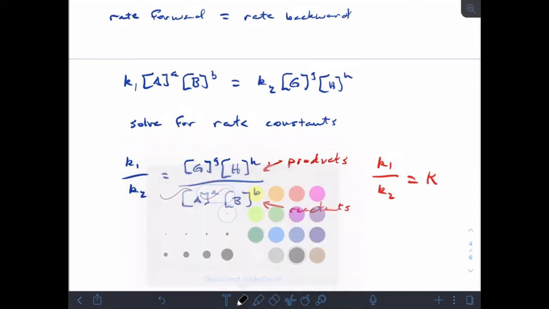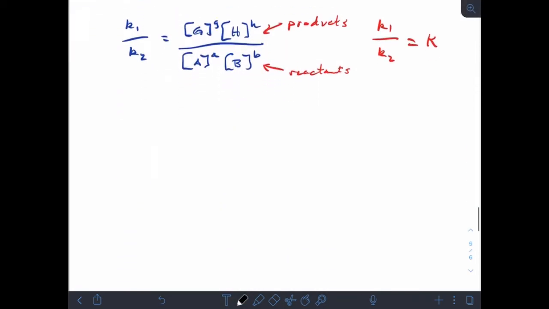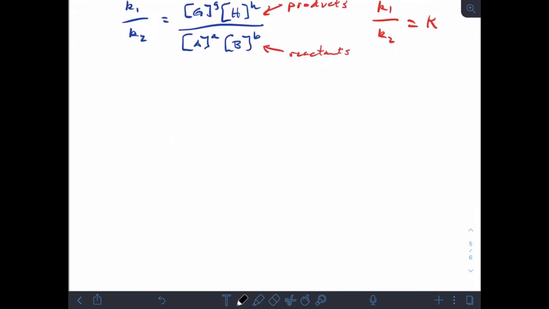So let's do some practice with equilibrium constant expressions. Okay, so let's say we have a reaction that looks like this one: 2 NO2. Right, notice we have all gases, right? Gases are fine to go in the equilibrium constant expression.